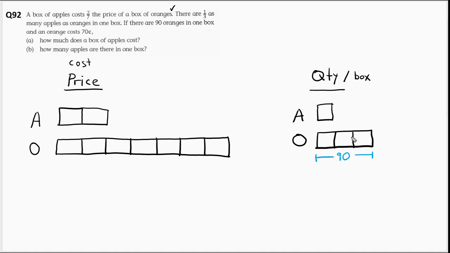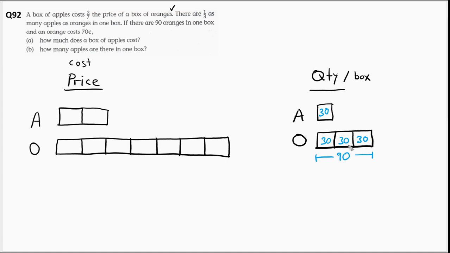So each of these is 90 divided by 3. And that's going to be 30. That's an easy calculation to make. And if each of these parts is 30, then so is this.